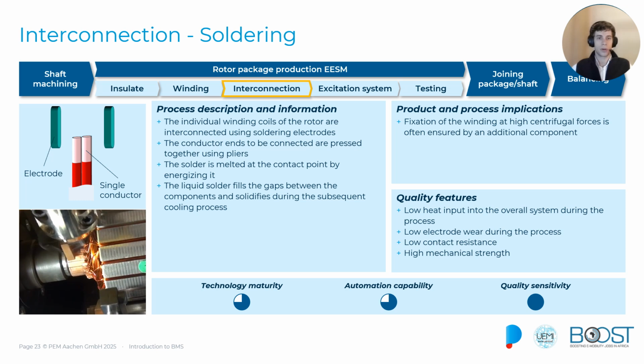The molten solder is applied to the connection points between wires or components, creating a conductive bond as it cools and solidifies. Soldering ensures reliable electrical connections within the rotor, supporting efficient current flow and overall performance.